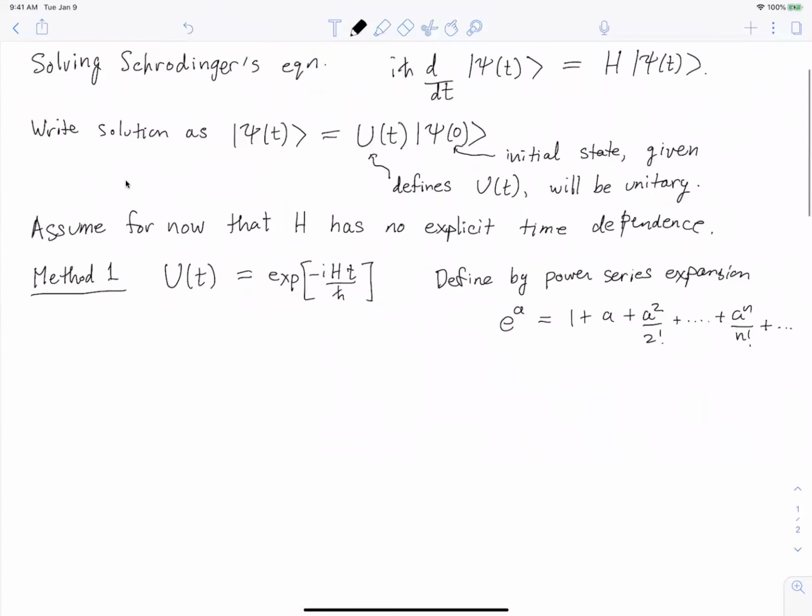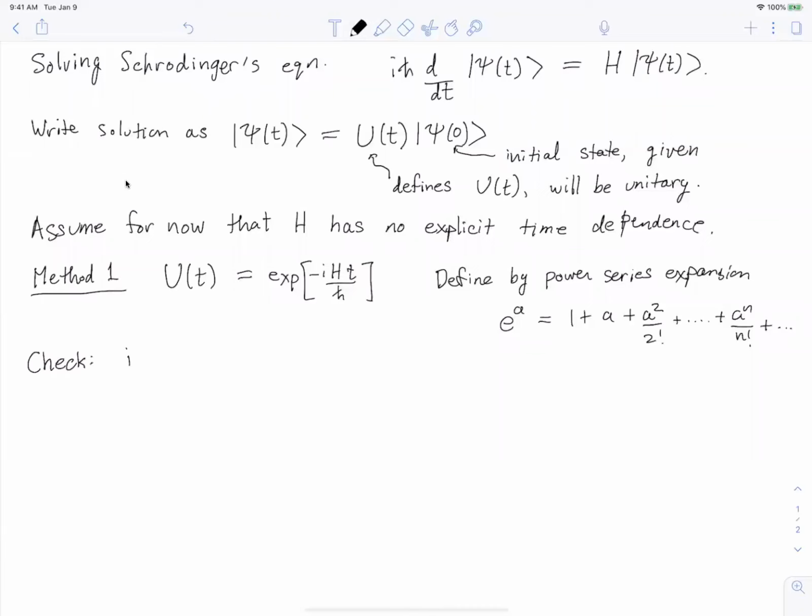So the thing that makes this problematic, perhaps, is that we have to assume that this series expansion converges. For real numbers a, this will converge, or even for any complex number, it converges. But operators are a different sort of thing, and so we have to worry about that later, about whether this is actually going to converge. Okay, but for the moment, let's assume it does converge.